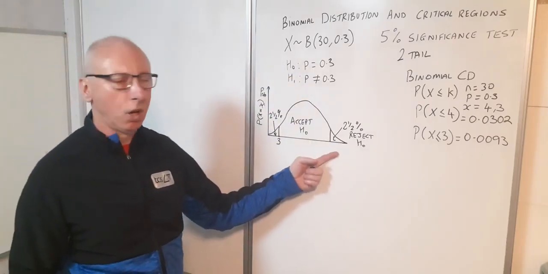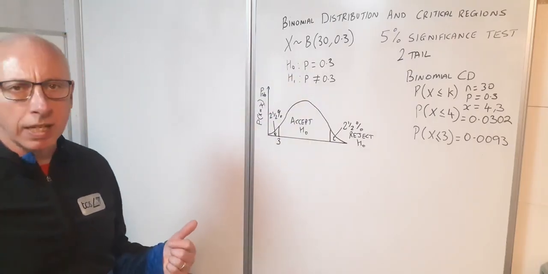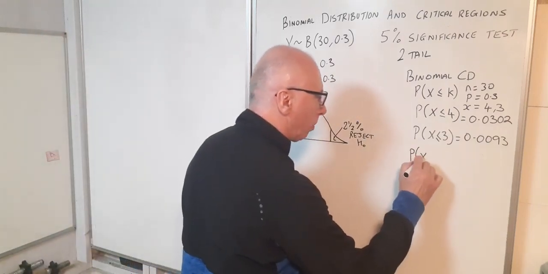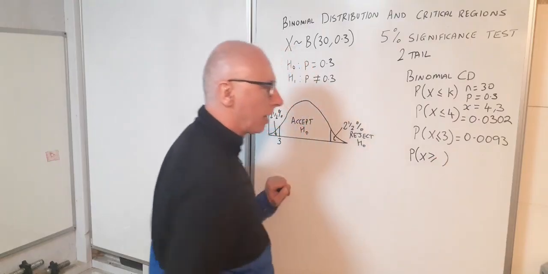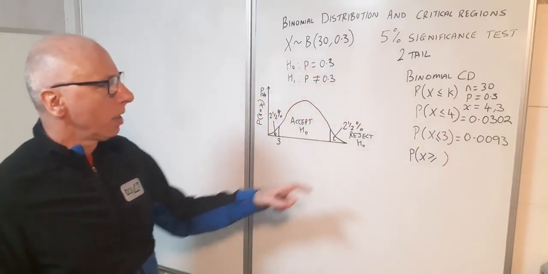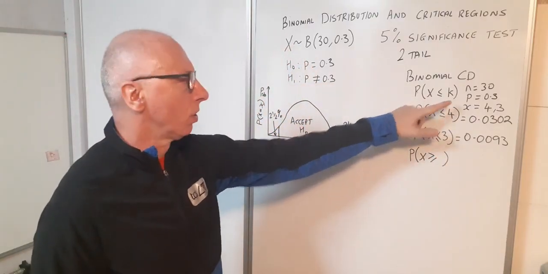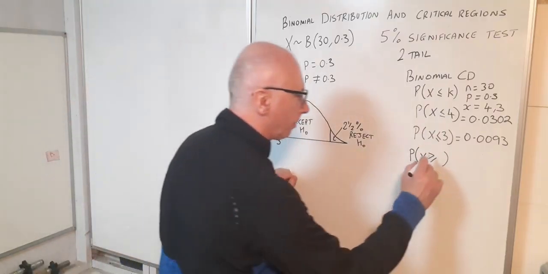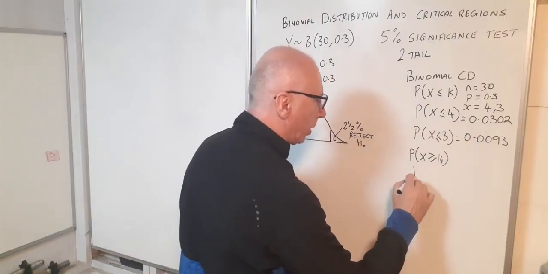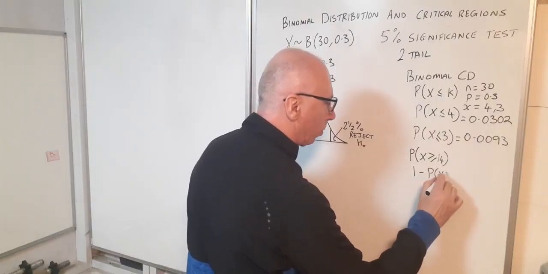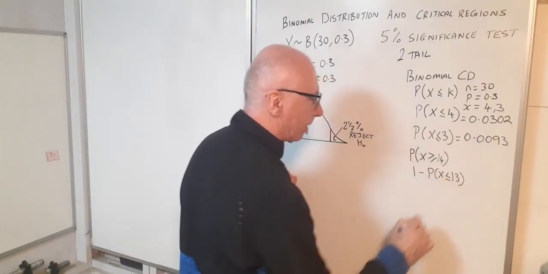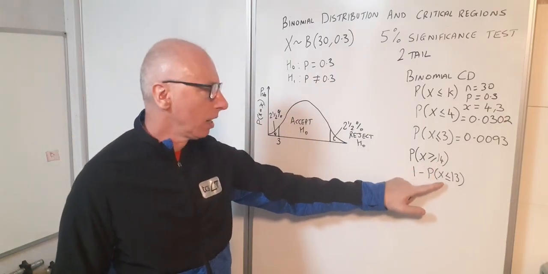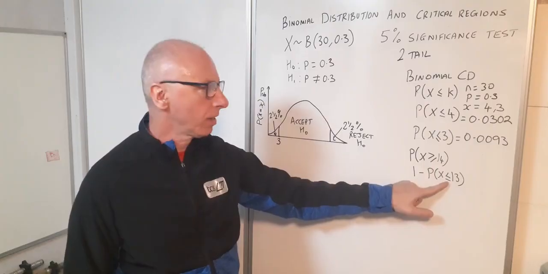Now we need to have a look at our upper bound and see what numbers we can get for that. So now we want a different situation where X is greater than a number. Let's try our calculation starting from 14. What you do in your calculator, because 14 is included for X is greater than or equal to 14, your calculator will calculate X is less than or equal to 13.